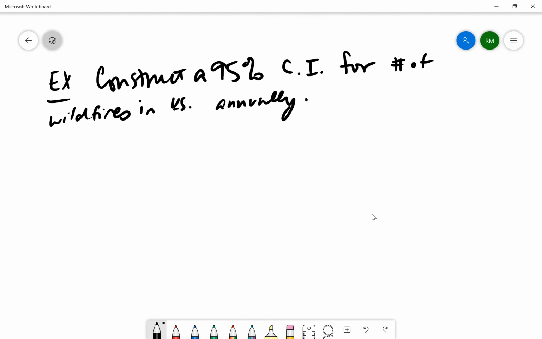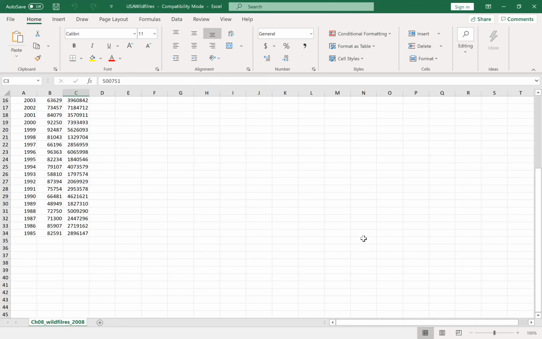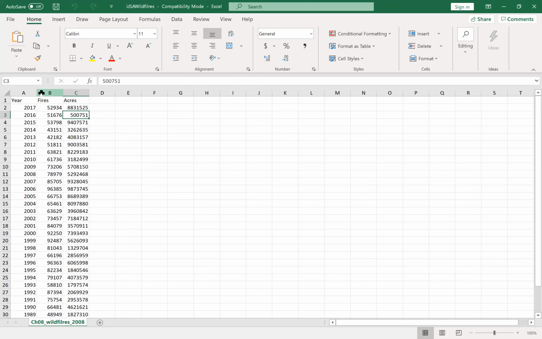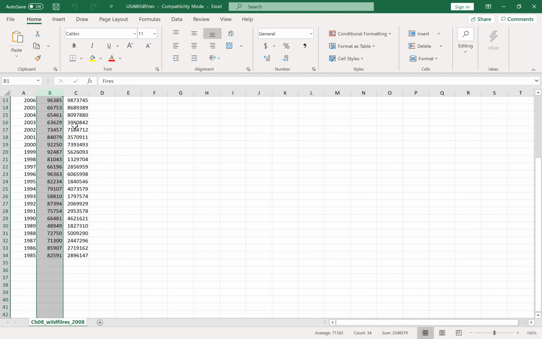So let's take a look at our Excel file. This is the number of fires, and we see that n is equal to 33.